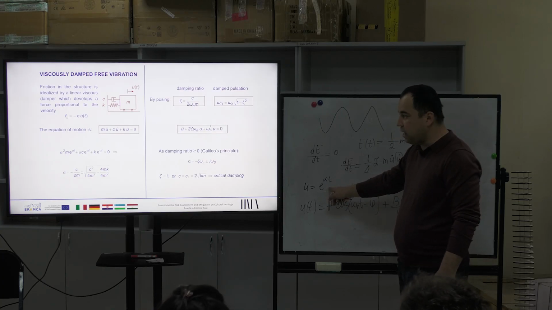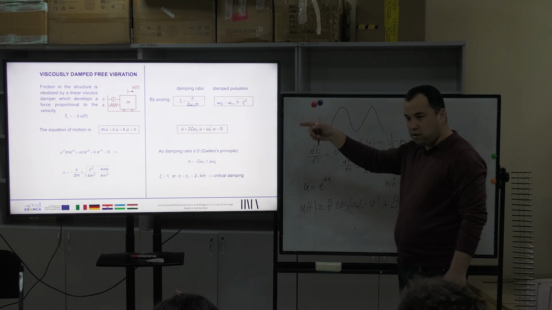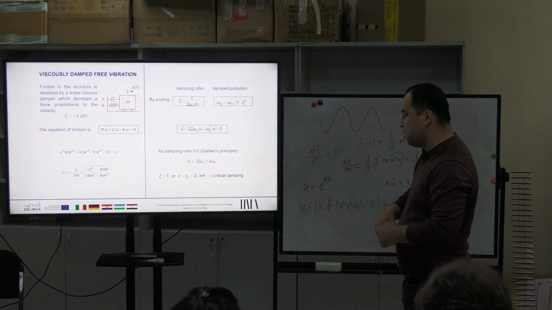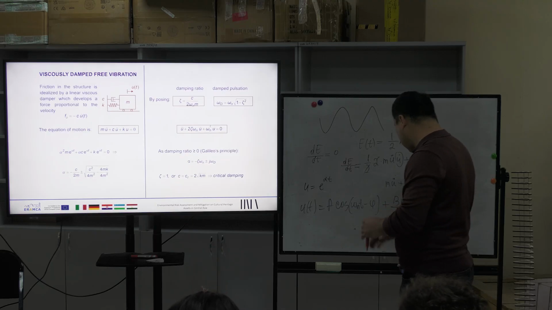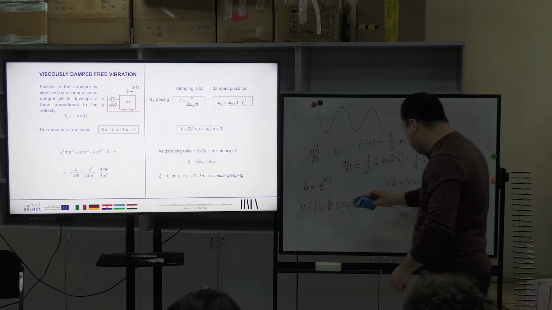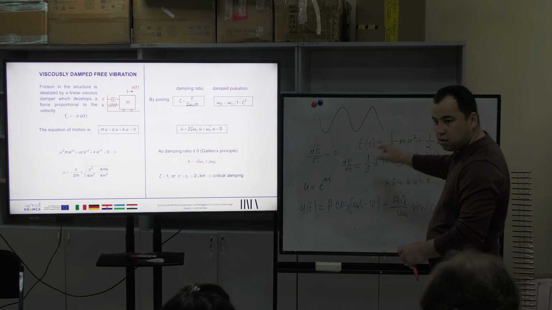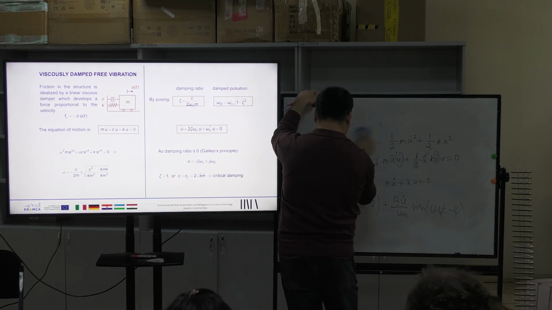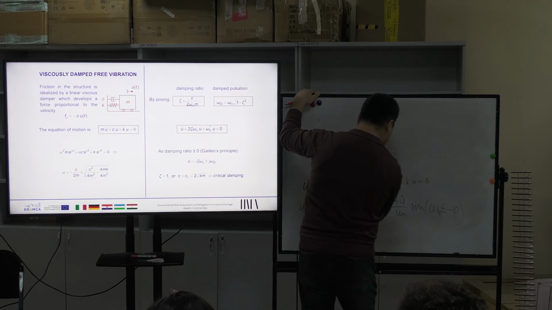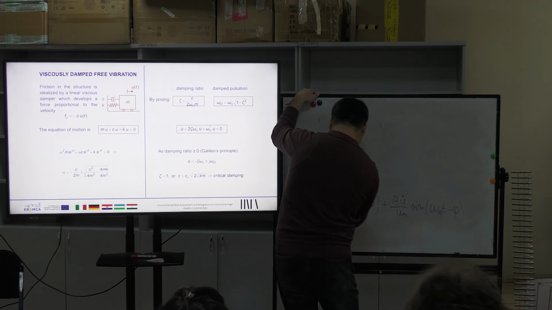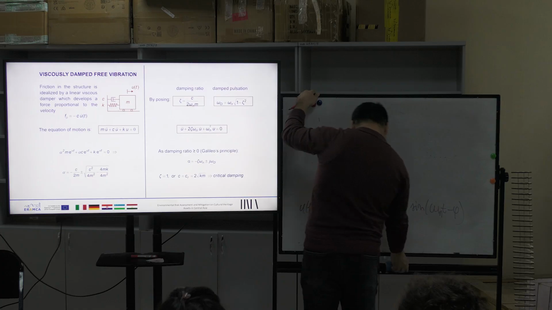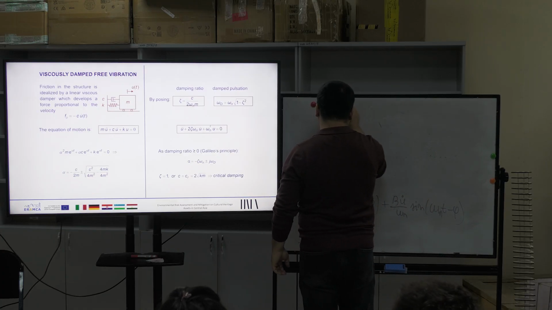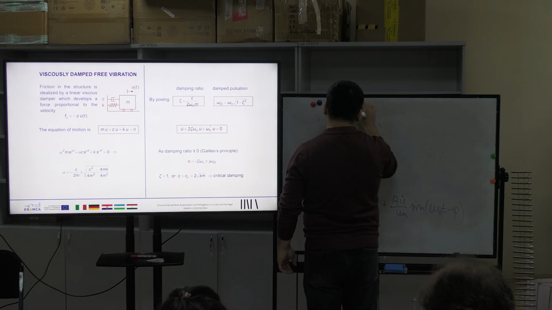From this, I can derive u dot dot and u dot, and then my formulation is going to change this way. So here I will write u of t is equal to e to the alpha t.